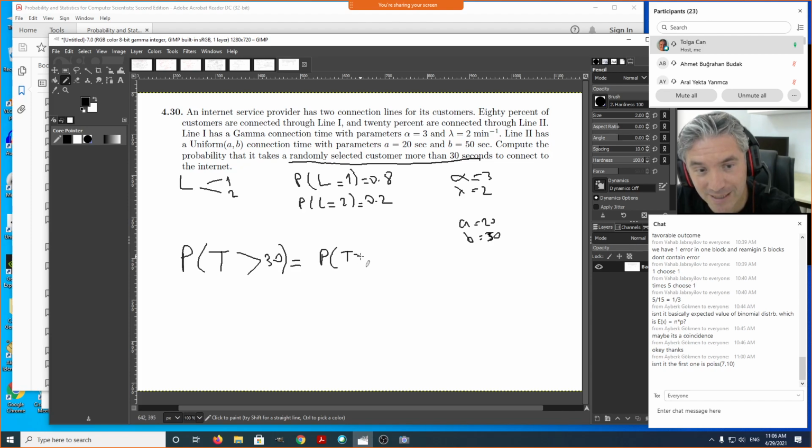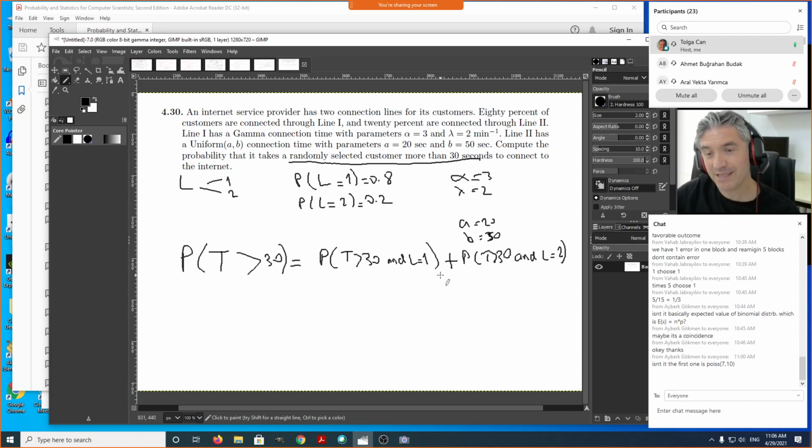What is the probability that t is greater than 30 and line is 1, L equal to 1? So that's one event. The other event which we are going to add is the connection time greater than 30 and line is 2.